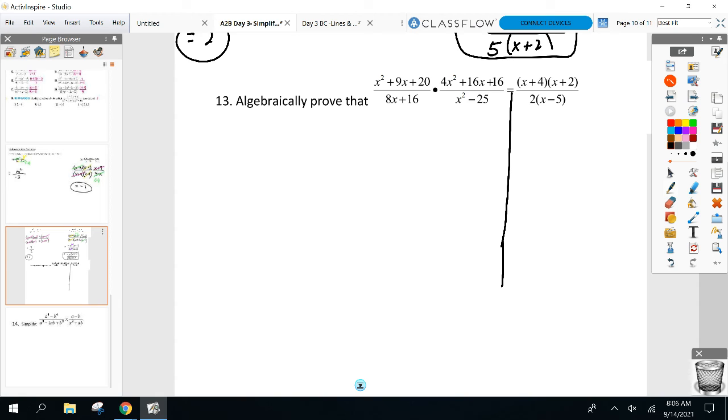Keep in your mind, you gotta make it look like the right side. Don't fudge it either.